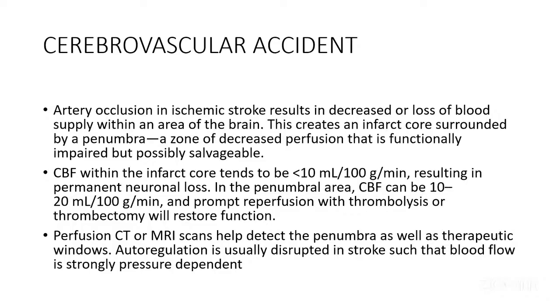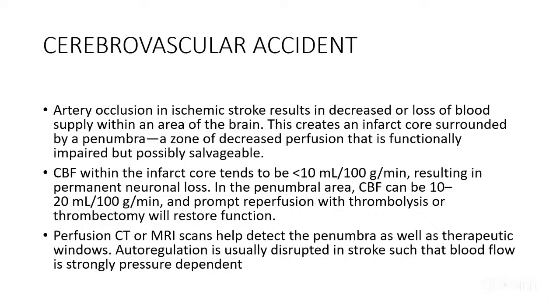Cerebral blood flow within the infarct core tends to be less than 10 ml per 100 gram per minute, resulting in permanent neural loss. In the penumbra area, it can be 10 to 20, and prompt reperfusion with thrombolysis or thrombectomy will restore the function, so minimal brain damage.